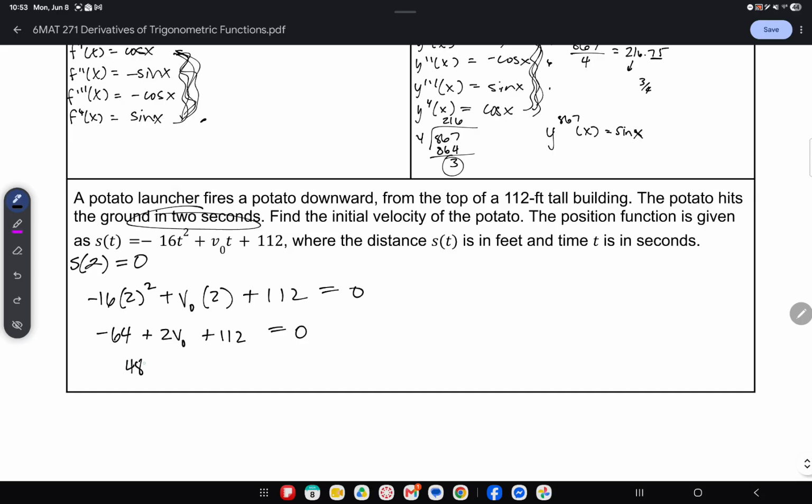So I get 48 plus 2 times that initial velocity. And let's see, I'll subtract 48 and divide by 2. So that initial velocity is going to be negative 24 feet per second.